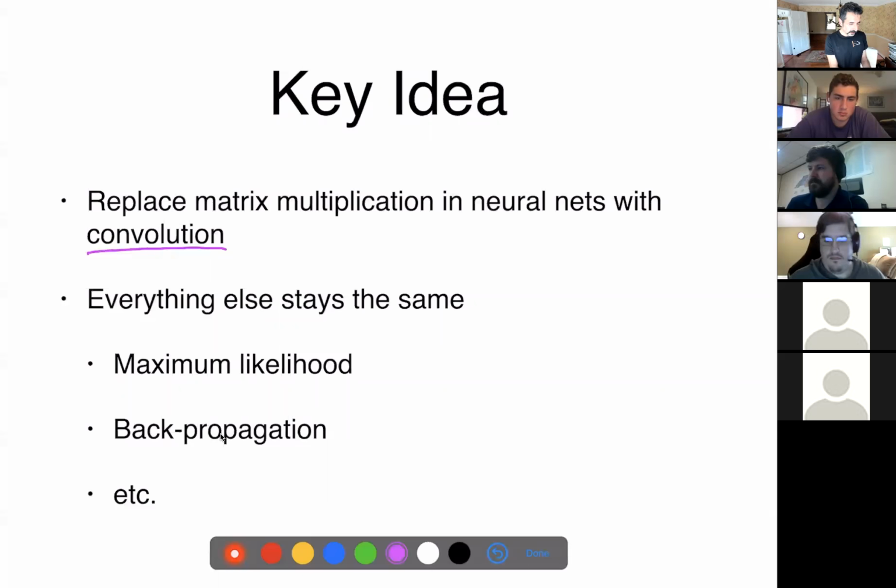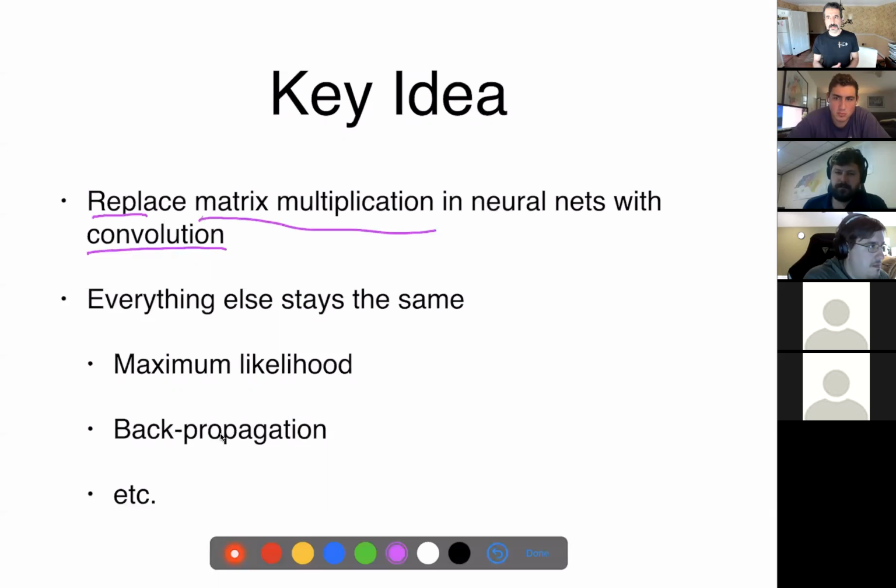You can think about it as a replacement for matrix multiplication, because matrix multiplication was the key operation we needed for densely connected neural networks, as you know. So you can think about convolution as a replacement for matrix multiplication, but as long as we introduce this new operation, everything else would remain the same.